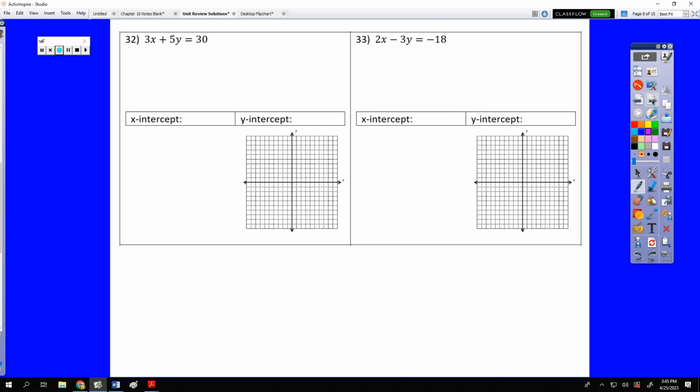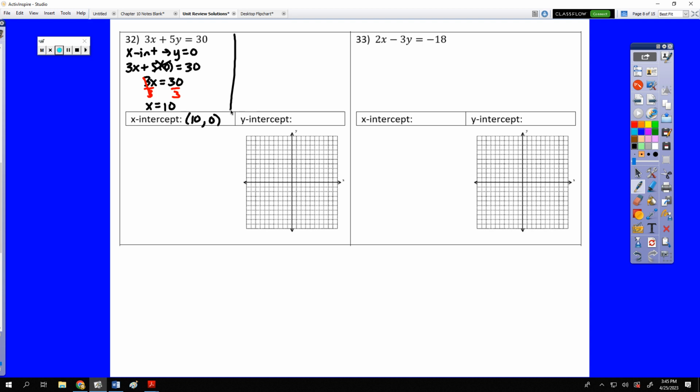Let's do some more. So again, on number 32, we are going to find the x-intercept by letting y equal 0, which means we're going to do 3x plus 5 times 0 equals 30. That y term will drop out, leaving 3x equals 30. Then we will divide each side by 3 to get x by itself, giving us x is equal to 10. When x is equal to 10 and y is equal to 0, that is the point (10, 0).